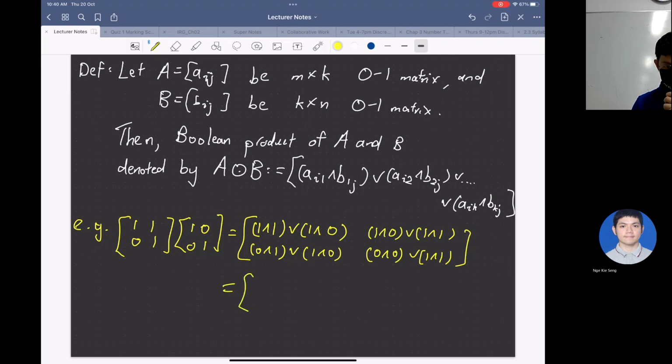So what do you get? You get 1. What's the next one? 1, 0, 1. Yeah. So through matrices, you can combine the calculations together.